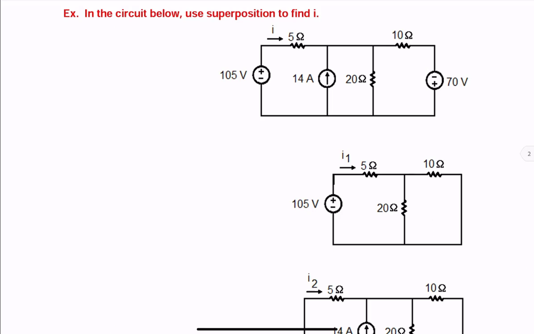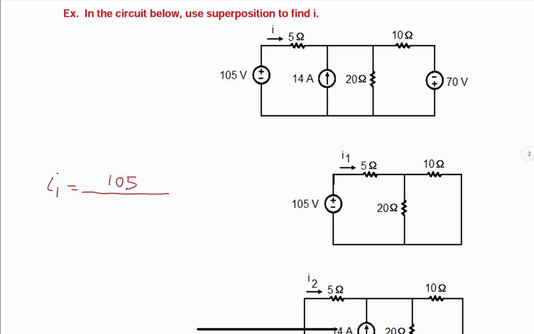So keep the 105. To find I1, we notice that these two resistors are in parallel. So let's combine those and divide 105 by the total resistance. So I1 would be equal to 105, the total voltage.